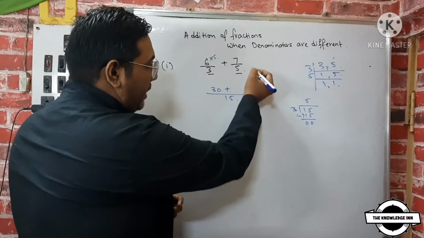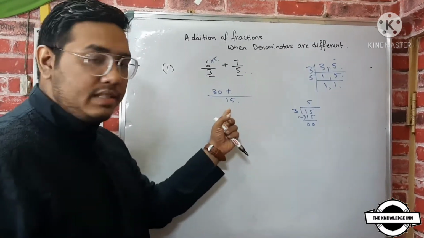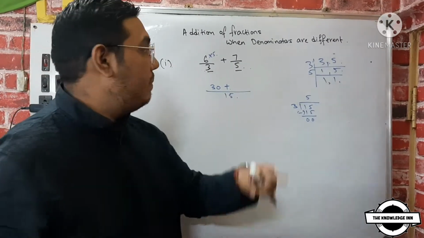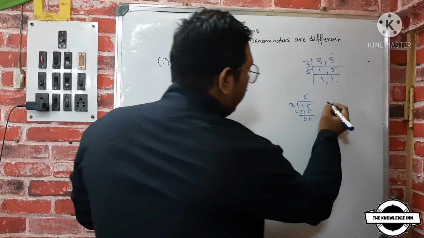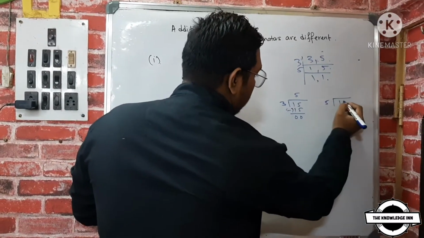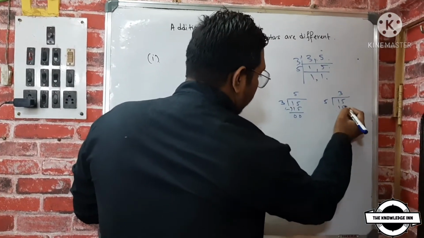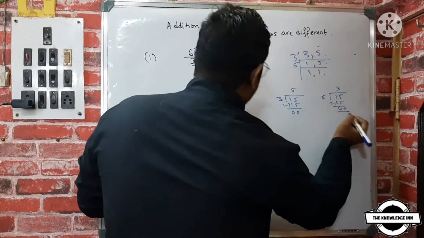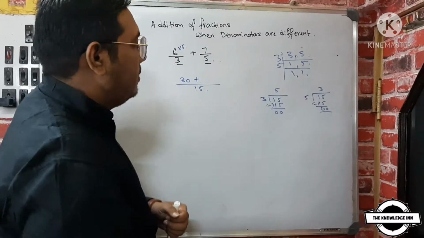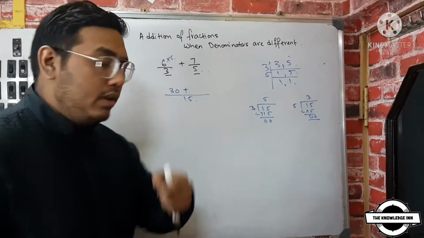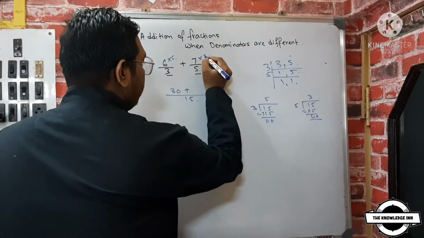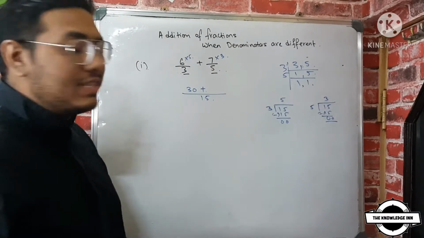Again the second denominator will be divided into the LCM and whatever the answer comes we'll multiply it with the second numerator. So over here 5 is the denominator, 5 threes are 15 and we get 3 as the answer. So where will you keep the 3? We'll keep the 3 multiplied out here with 7. So 7 threes are 21.